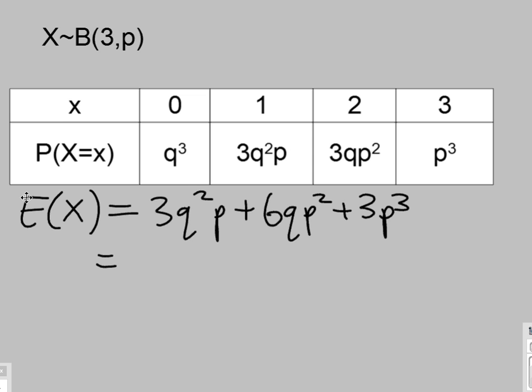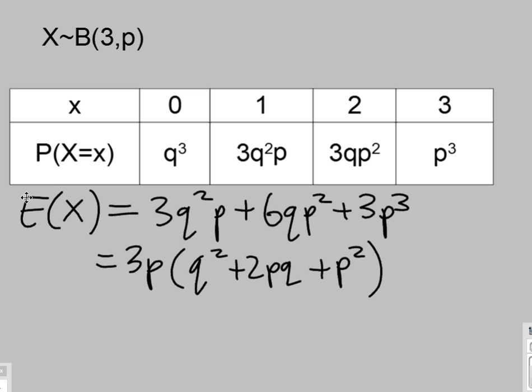Take a common factor of 3p. We're left with q squared plus 2pq plus p squared. That's 3p times (p plus q) squared. p plus q is 1, so we'll end up with 3p.